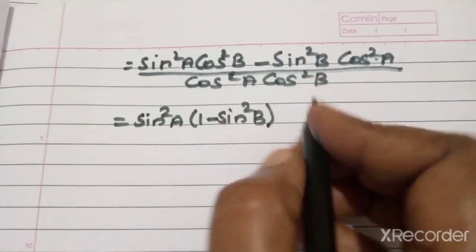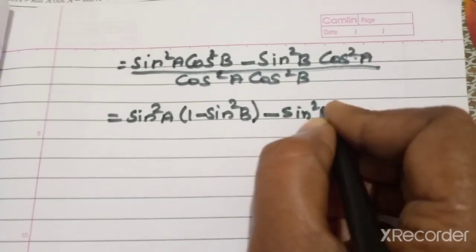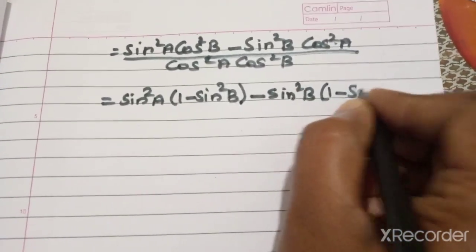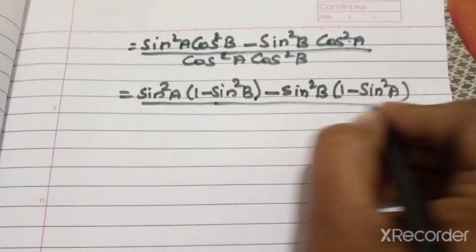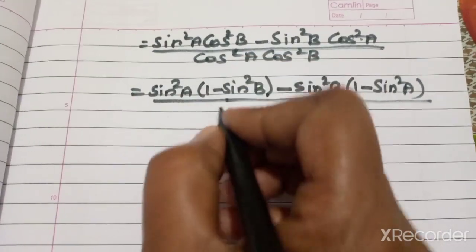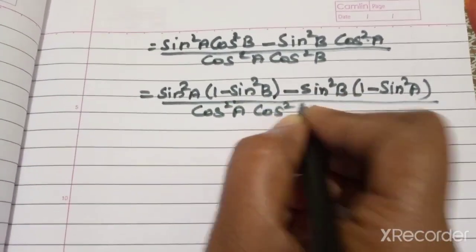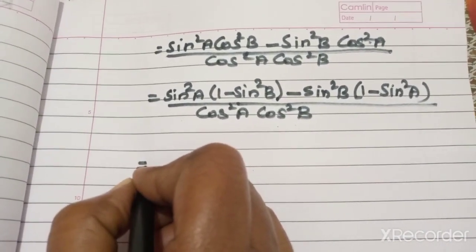Okay, so let's write now: sin square A into (1 minus sin square B), close the bracket, then minus this sin square B as it is, into this cos square A can be 1 minus sin square A, divided by the denominator term as it is, cos square A into cos square B. Now let's multiply here.